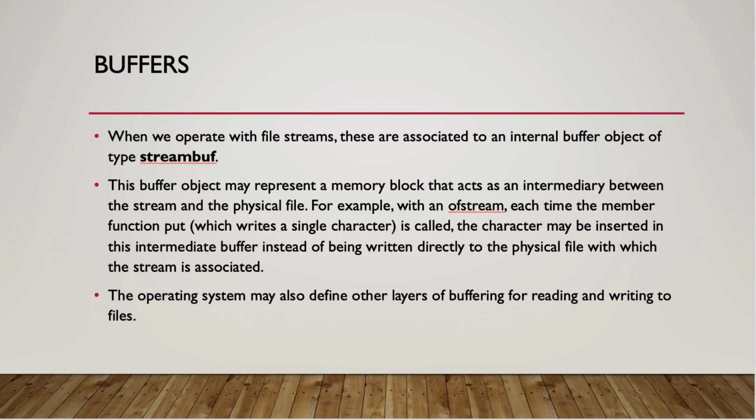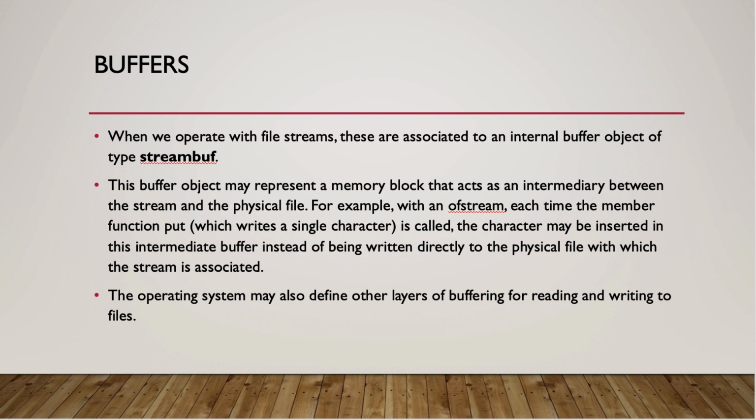For example, with an ofstream, each time the member function put, which writes a single character, is called, the character may be inserted in this intermediate buffer instead of being written directly to the physical file with which the stream is associated. The operating system may also define other layers of buffering.